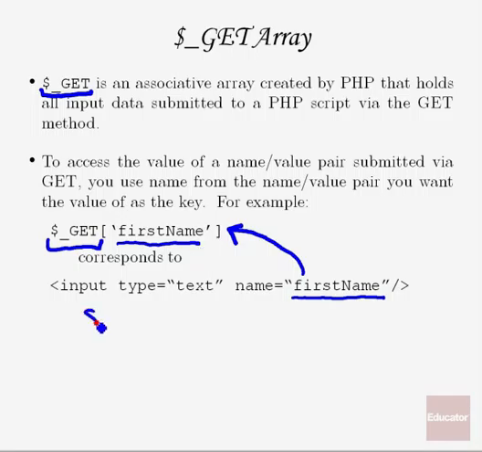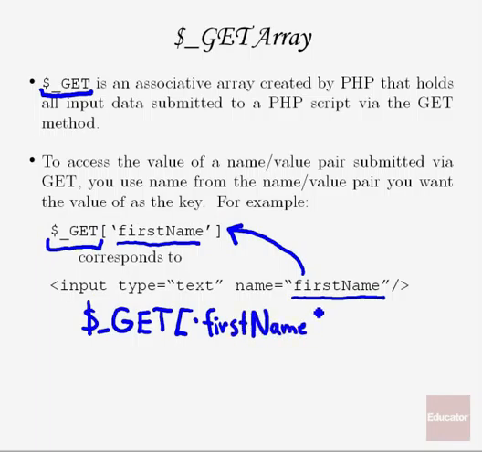So essentially, if you remember from our lesson on arrays, if we typed a text value in the text field, PHP is going to create a key named first name in the GET array and assign it the value.